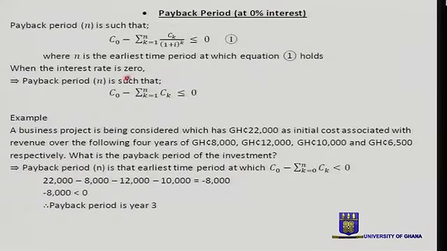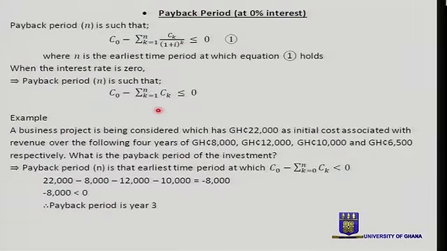So this is basically the mathematical expression of how we are going to go about the non-discount approach of evaluating our payback period. Our C subscript 0 refers to our initial investment. We are saying that our initial investment minus the sum of all cash flows over subsequent periods.